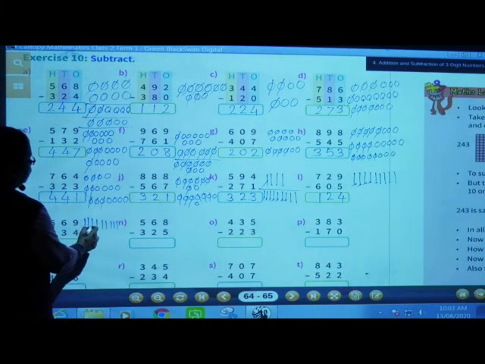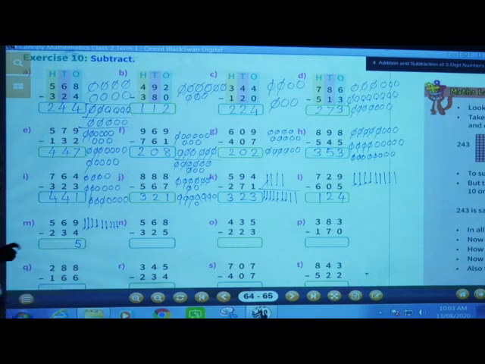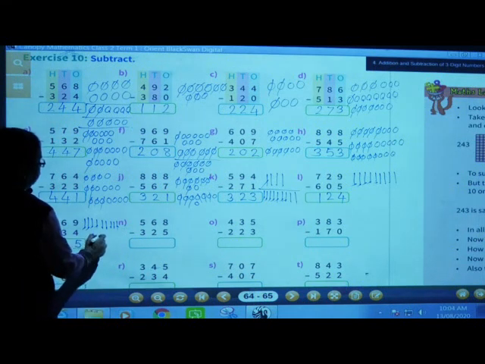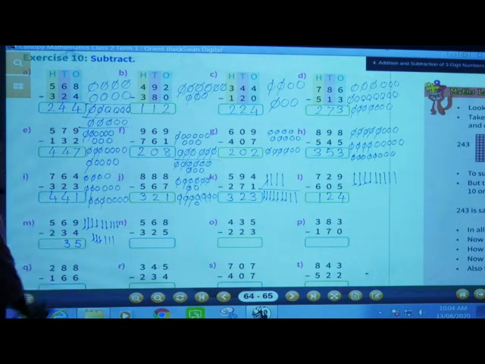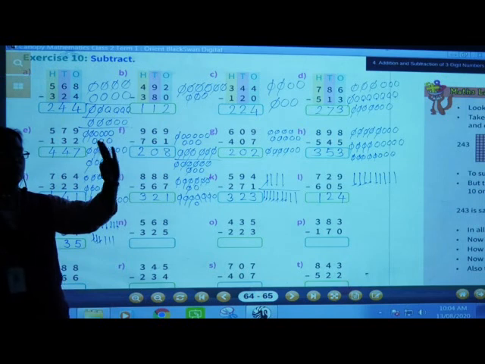So 1, 2, 3, 4. Then how many remain? 1, 2, 3, 4, 5. Then 6 minus 3. 1, 2, 3, 4, 5, 6. Minus 3, 1, 2, 3. And 5 minus 2, 3.